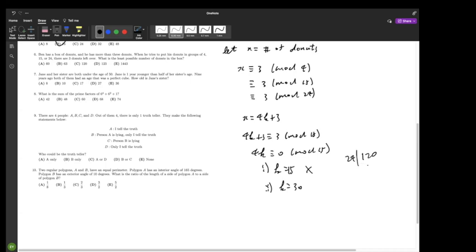Is this true? And yes, that is true. So our answer should be C. Wait, let me quickly check if I got it right. Oh wait, sorry. I forgot to add three. Answer is 120 plus three, which is D.